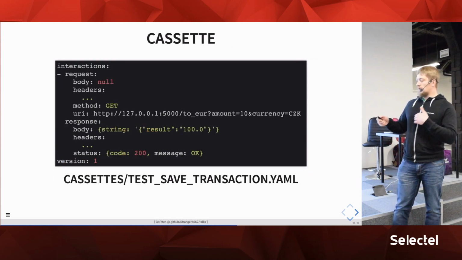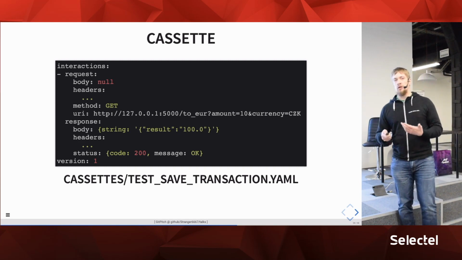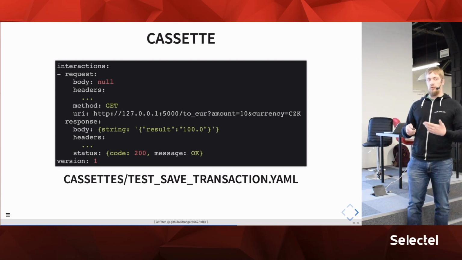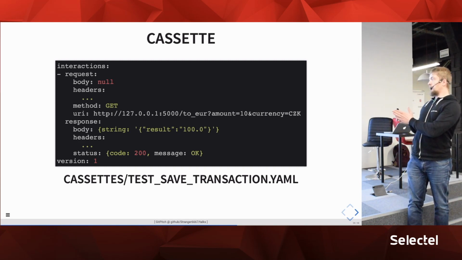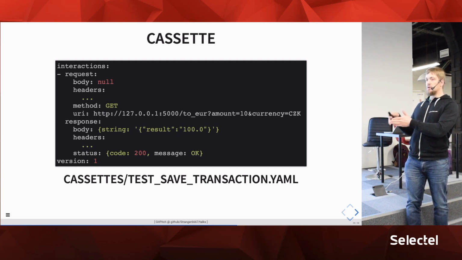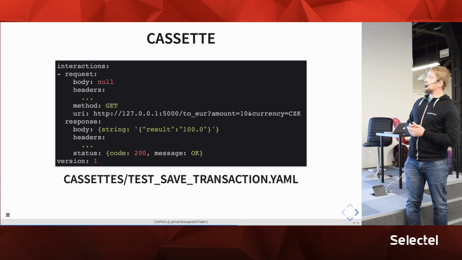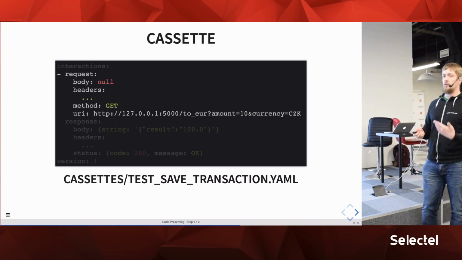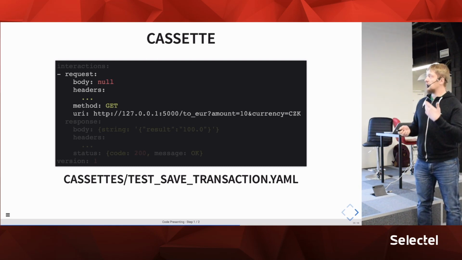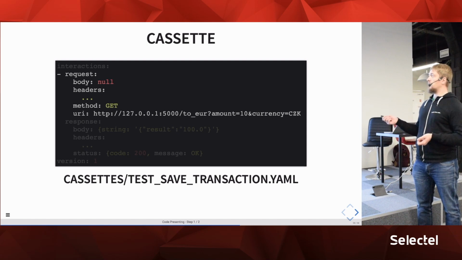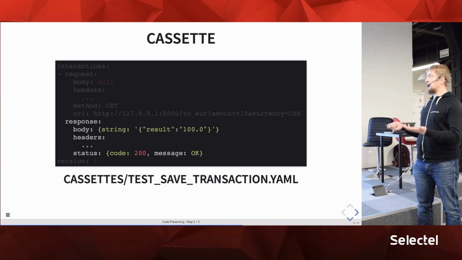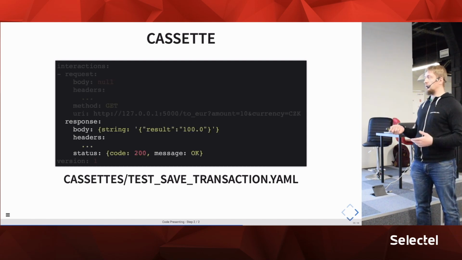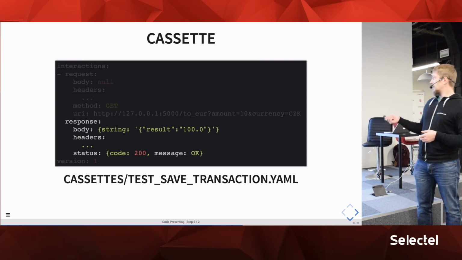So after we run the test, a cassette will be recorded, and it will be called in the same way as the test is called, in the cassettes directory near the test you're launching. So it consists of different interactions that we're recording during the test run. So it has request and response with headers, body, and all the stuff.